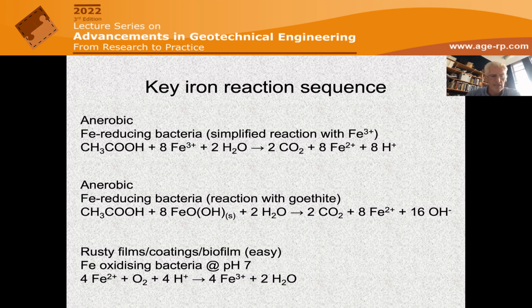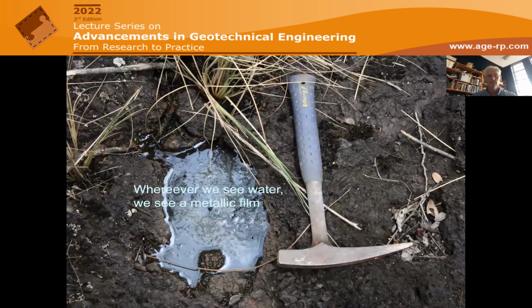And then the idea of rusty films or coatings or biofilms, well, that's easy, right? It can happen chemically, it can be abiotic, and it can also be accelerated by iron oxidizing bacteria. So the oxidation of iron back to iron 3, producing iron oxide, is a much easier component of this process.